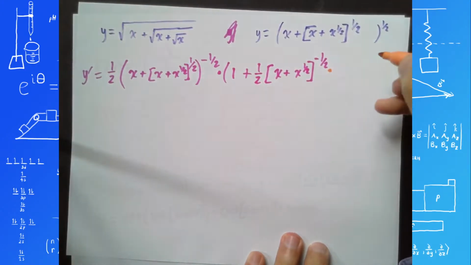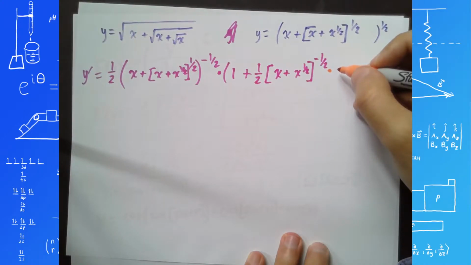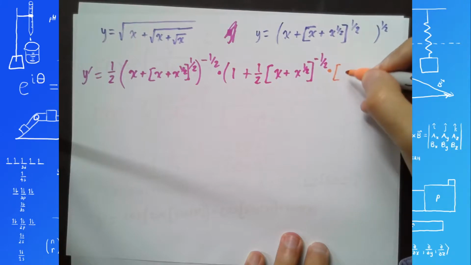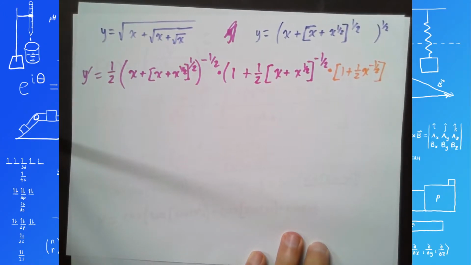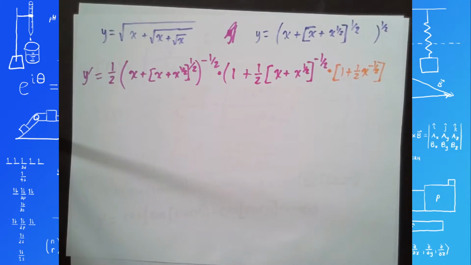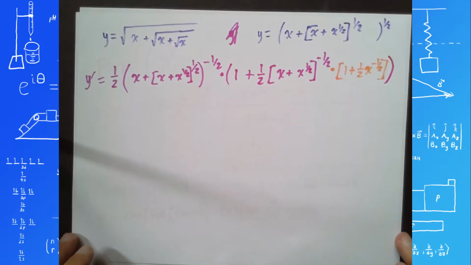The derivative of x plus x to the 1/2 is going to be 1 plus derivative of x to the 1/2 is 1/2 x to the negative 1/2. And of course we could rewrite this using the radical symbol if we wanted to, but I think I'm going to pass on that.